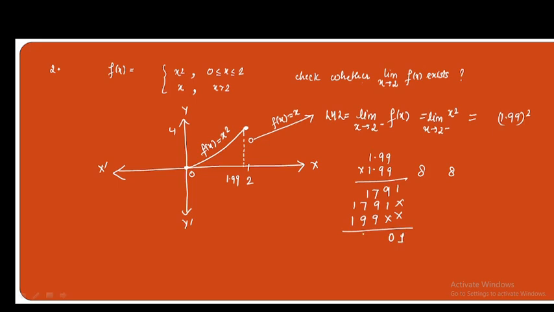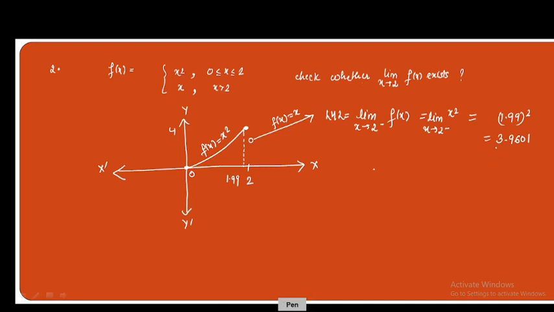So adding up, what you are going to get is 3.9601. This is very close to 4.